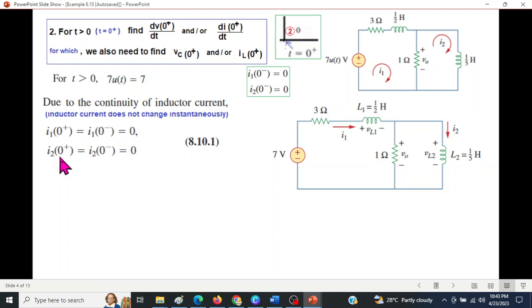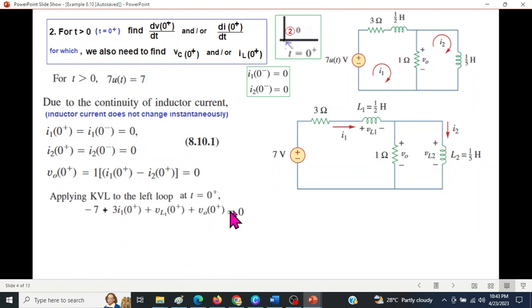And similarly for I20 plus, same logic. And what will be V0 plus? Again, we just use the formula R into I1 minus I2. Now both of these are 0, therefore V0 plus will also be 0.